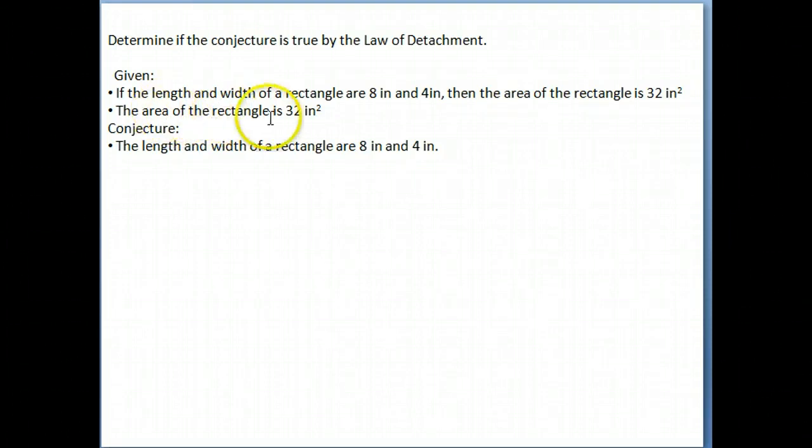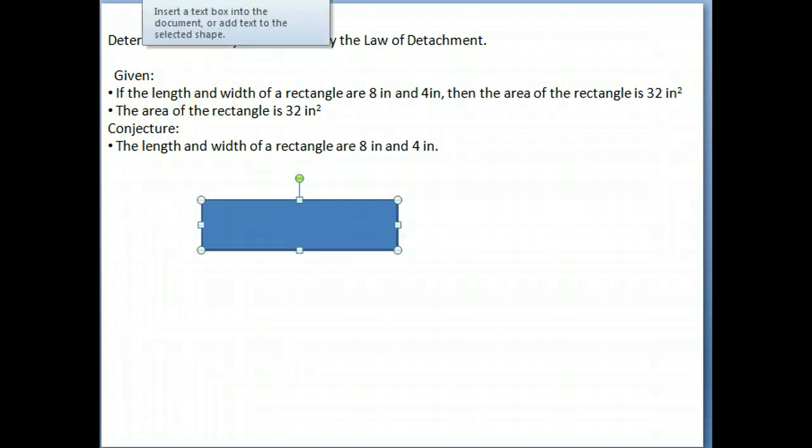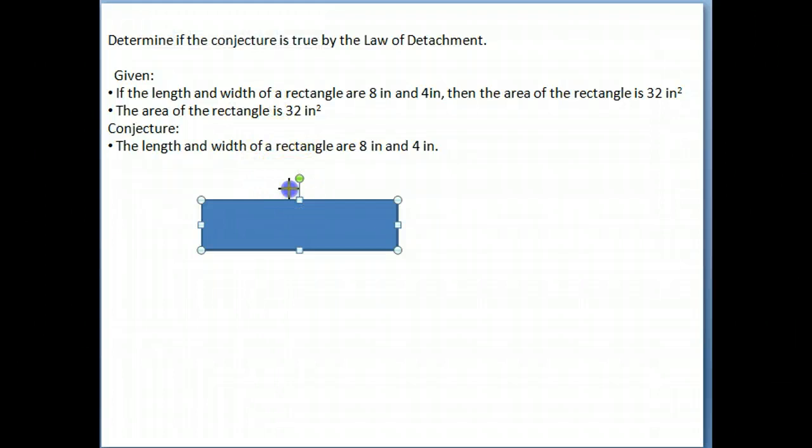They're saying the area of a rectangle is 32. That does not automatically mean that its length and width are 8 and 4. If you think about it, we can actually logically think this one out and say it's wrong. What if we had a rectangle that had an area of 32 square inches? Well, what are some other dimensions? It doesn't have to be 8 by 4.